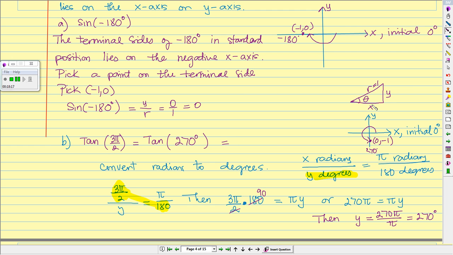Now tangent is opposite over adjacent, so y divided by x. I put right here y divided by x. My y is -1 and my x is 0. Every time your denominator is 0, you conclude right away that the answer is undefined.